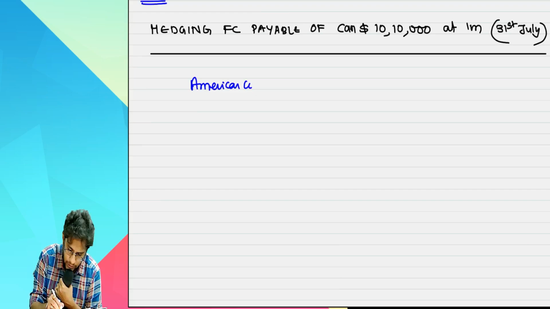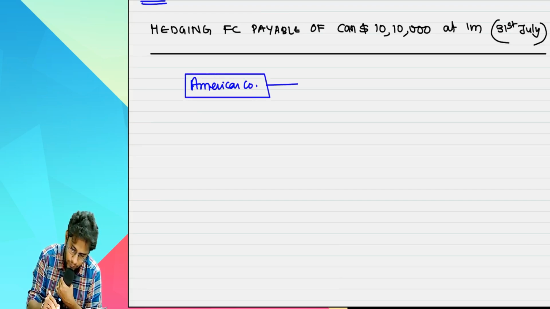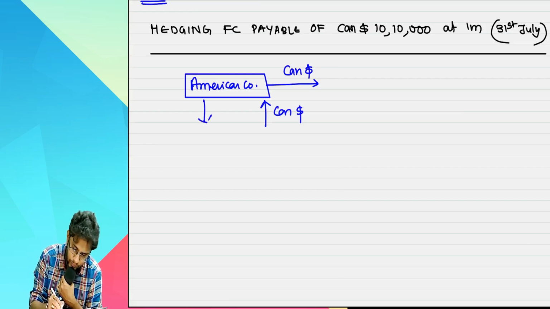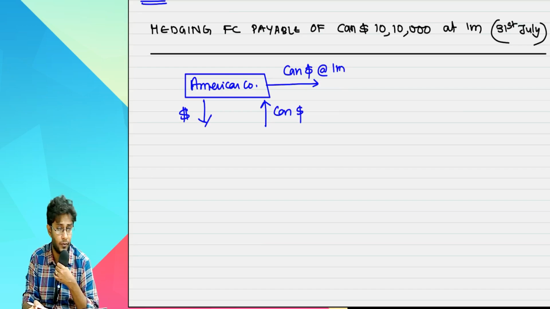Sir, your American company has CAN dollar payable, so you have to buy CAN dollars by giving normal dollars at 1 month time.